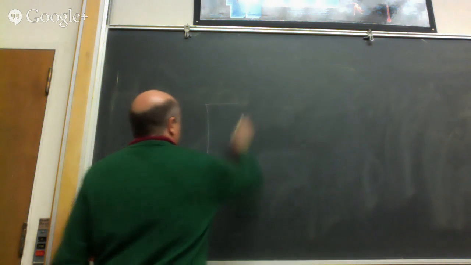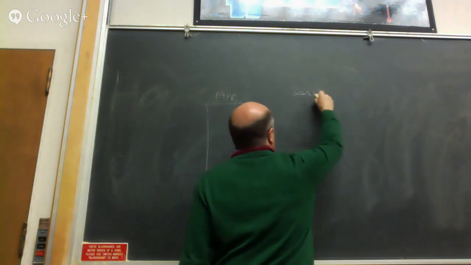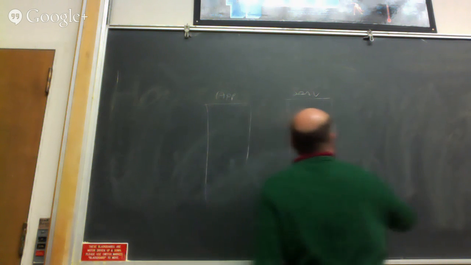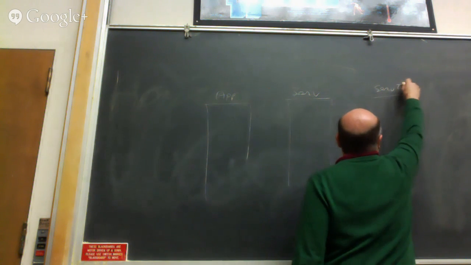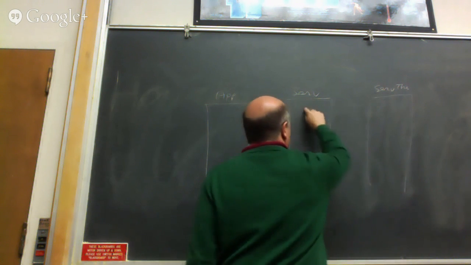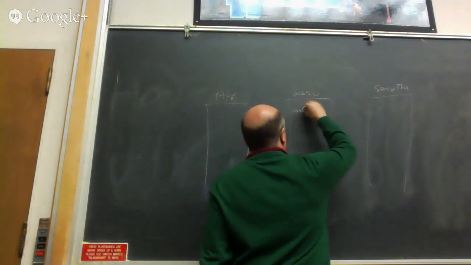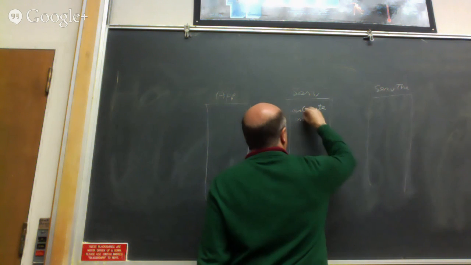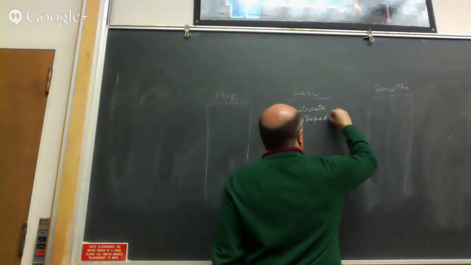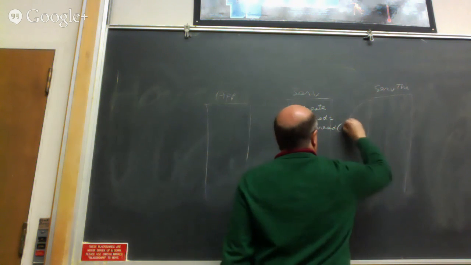if I draw essentially what's going on, there is, as I do many times, the application, then there is the service, and then there is the service thread. Okay, the service thread. And if you look at the code I gave you, in onCreate I created my thread equals Thread of this, essentially.